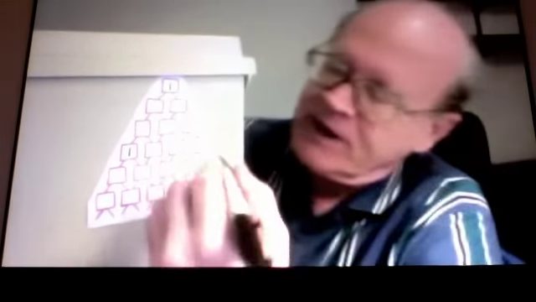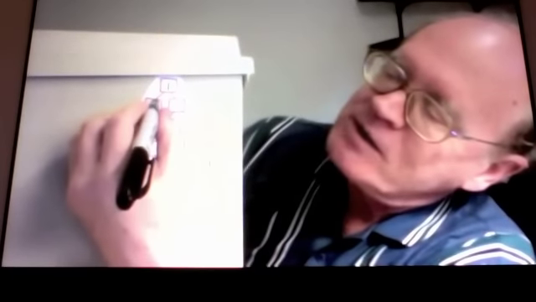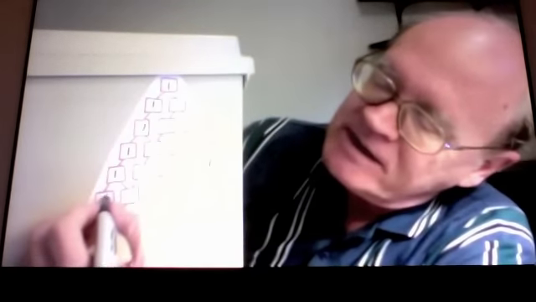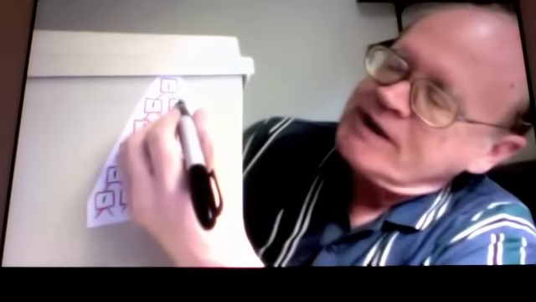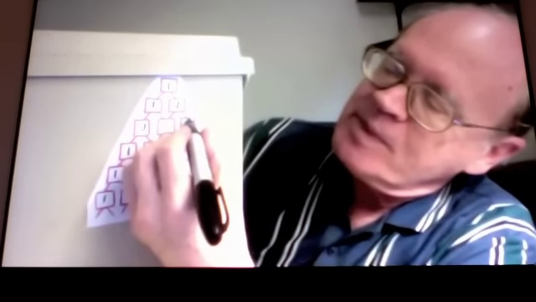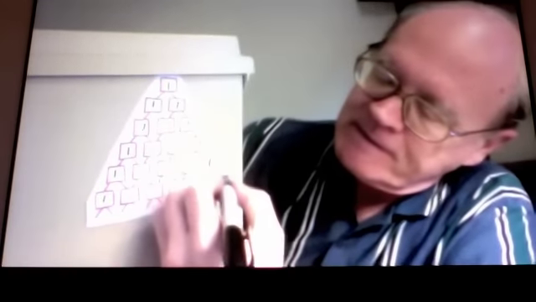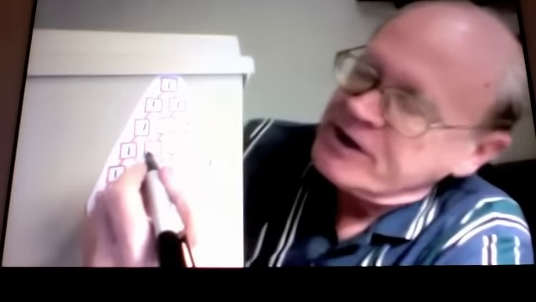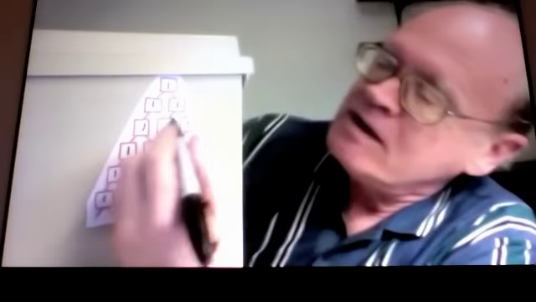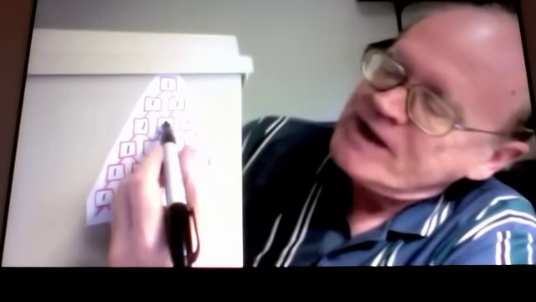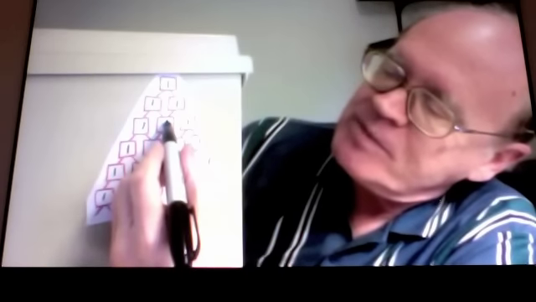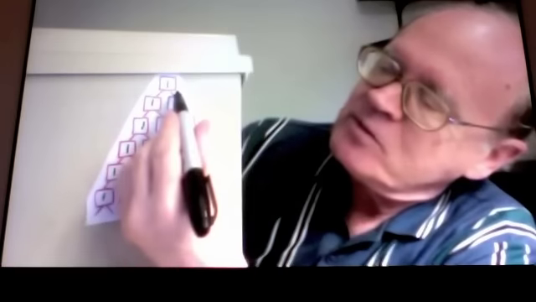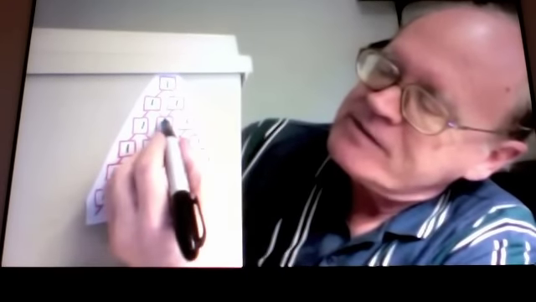In fact, I realized that I must put 1s all the way down the left-hand side, as well as all the way down the right-hand side. As for the interior numbers, there are two ways to get to this location: left then right, or right then left.